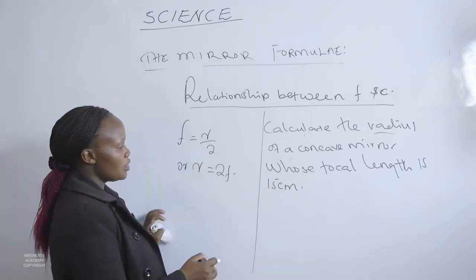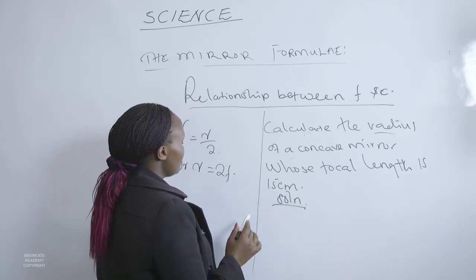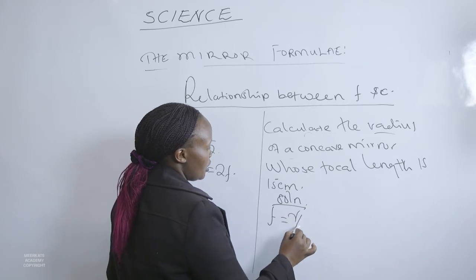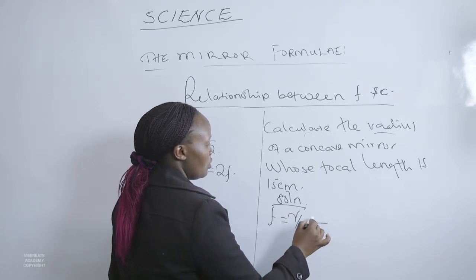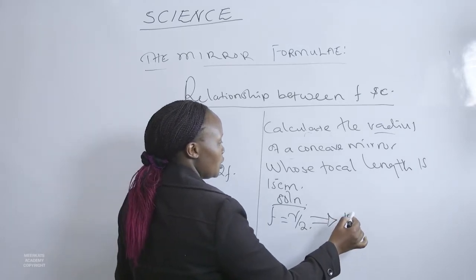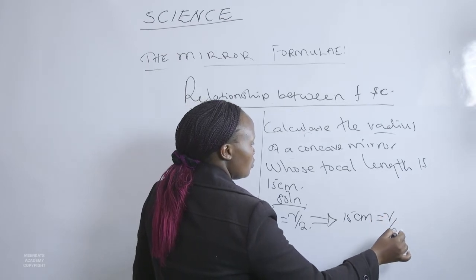Now, when you get such kind of a question, you should not panic. You just apply the relationship F is equal to R over 2, implying in our case that 15 centimeters will be equal to R over 2.